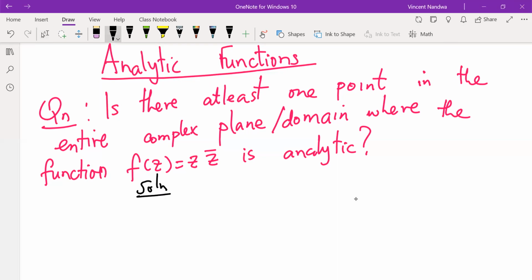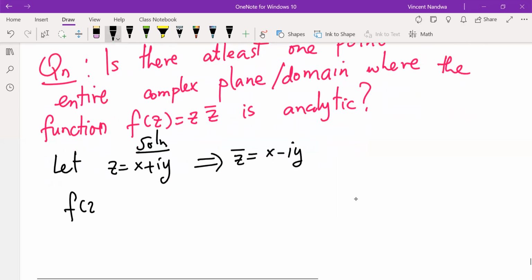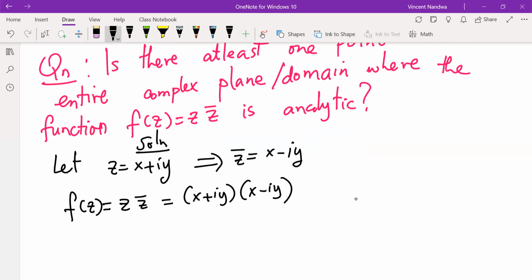Solution. So let z be given by x plus iy, which means the conjugate is x minus iy. So f of z, given by z times its conjugate, is given by this product. When you work it out, you get x squared minus xyi plus xyi, plus i squared, which is -1, times negative y squared, which is positive y squared.